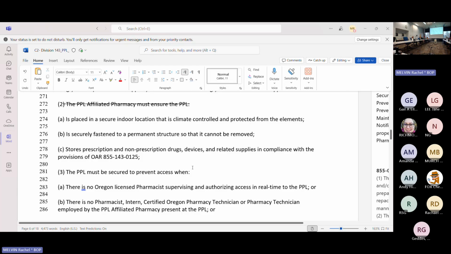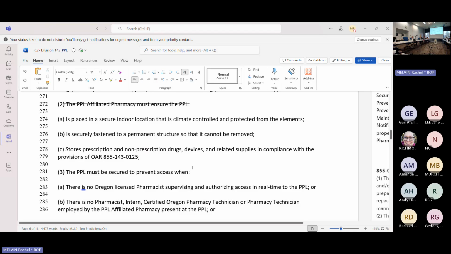Sometimes it's hard to find staff, and we're talking about rural pharmacies potentially trying to deliver meds to a PPL. The US mailman can deliver meds into different secured boxes, right? And the mail person's not licensed. I don't see this as assisting in the practice of pharmacy.